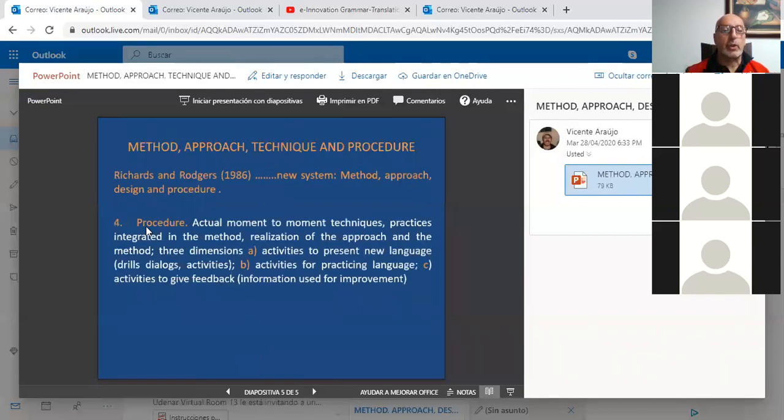Now the procedure. The procedure is the real, the actual. Remember, actual is not actual in Spanish.